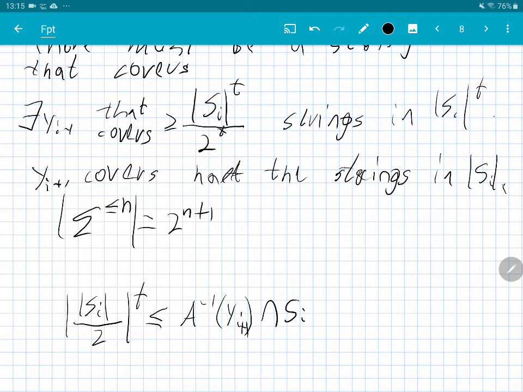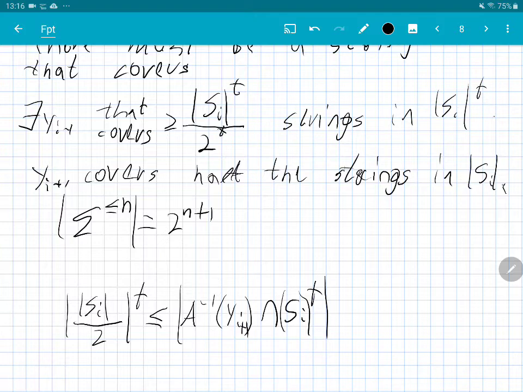This is all the strings that the ith string covers, right? So all the tuples, right? So we do it for the power t, right? So A_i to the minus 1 of y_{i+1}, to remind you, is a t-tuple, right?